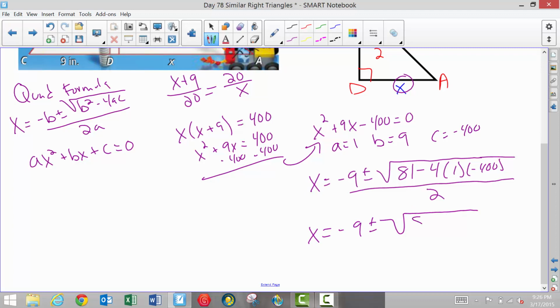So I have 81 plus 1600. How did it turn to plus? Because again, a negative times a negative is a positive. All over 2. So I have x equals negative 9 plus or minus the square root of 1681 all over 2.